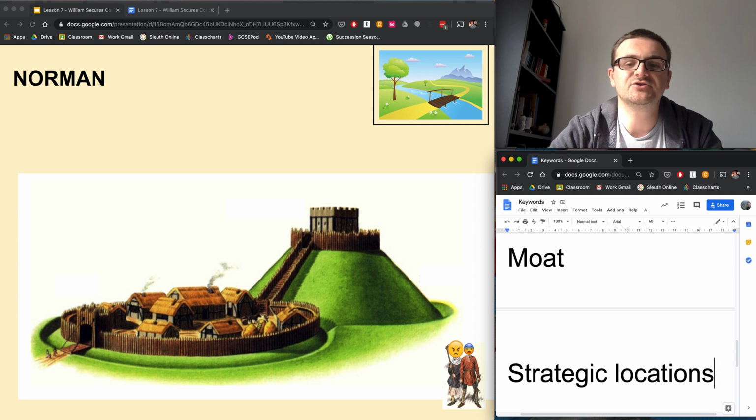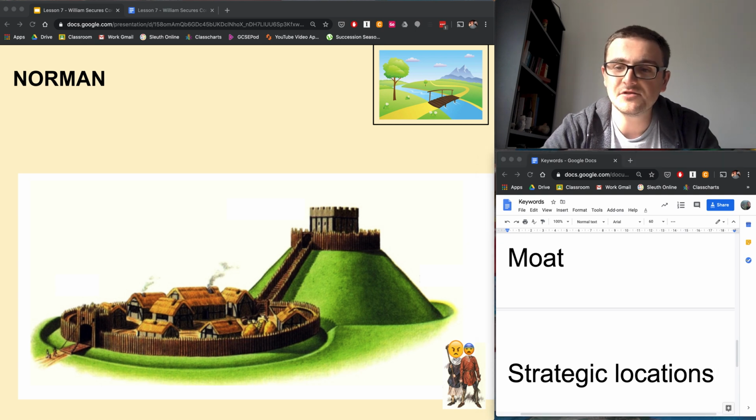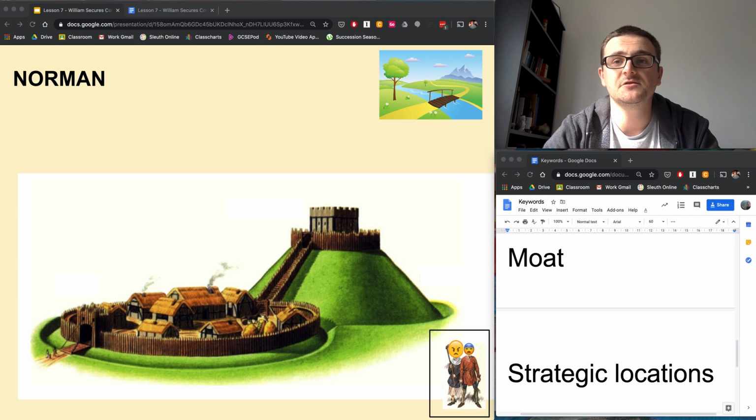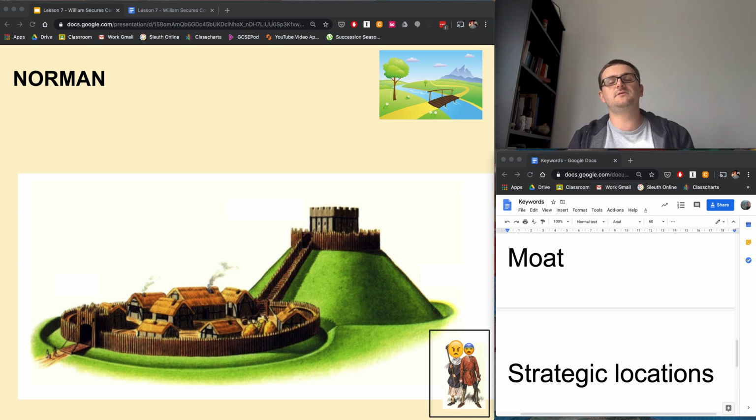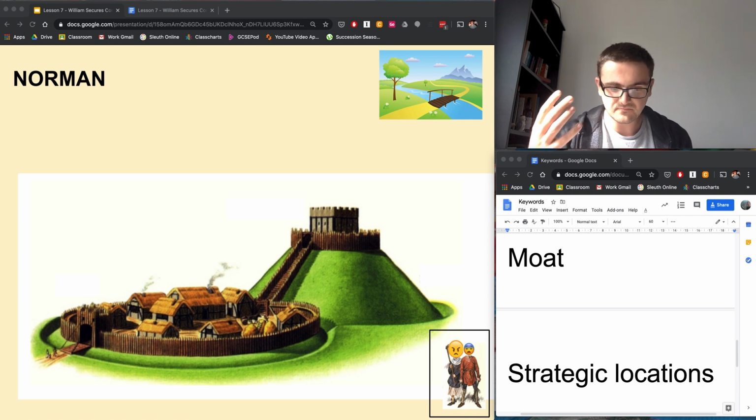Now, as you can imagine, these Motte and Bailey castles were really unpopular things for Anglo-Saxon people. Often, Anglo-Saxon buildings had to be destroyed in order to make space for them. But also, these mottes could be seen for miles around, which meant Anglo-Saxon people had this really common reminder that they'd been invaded.